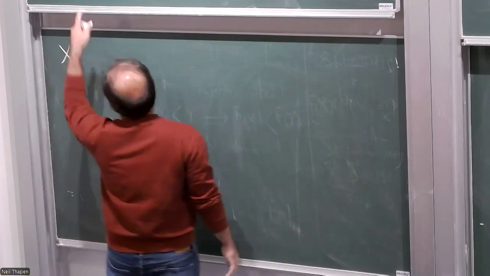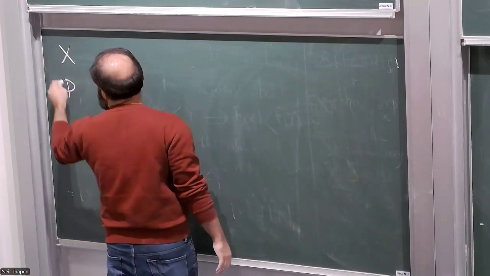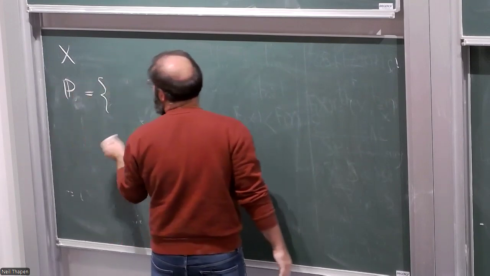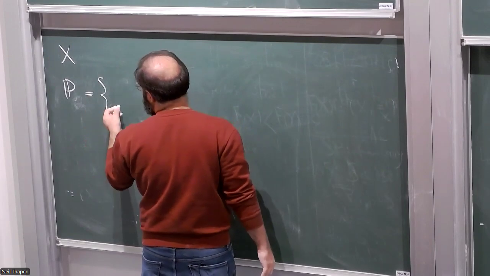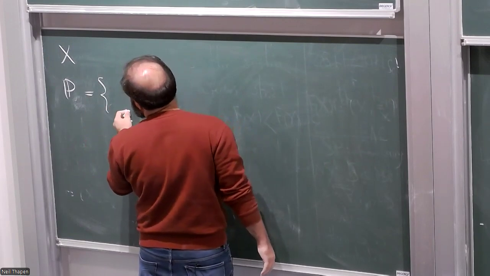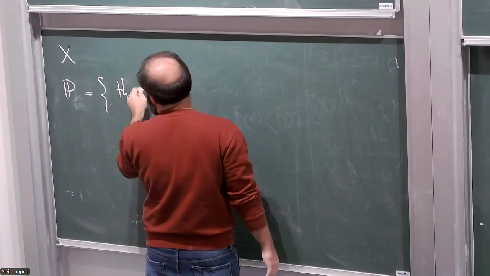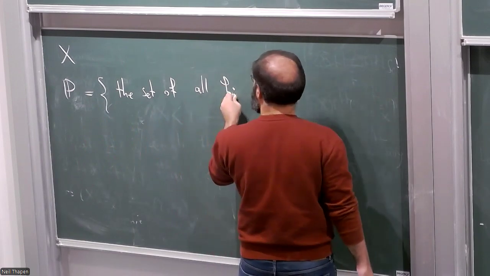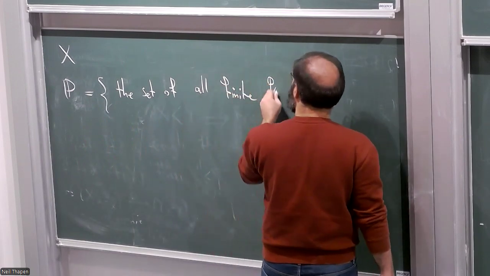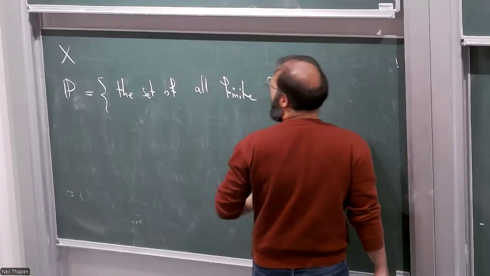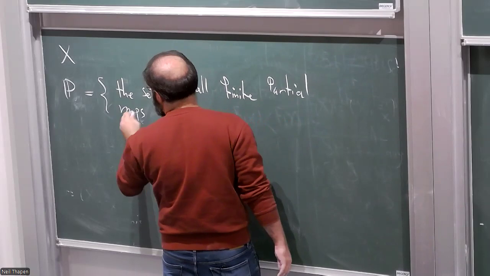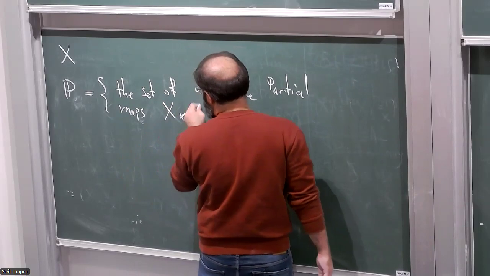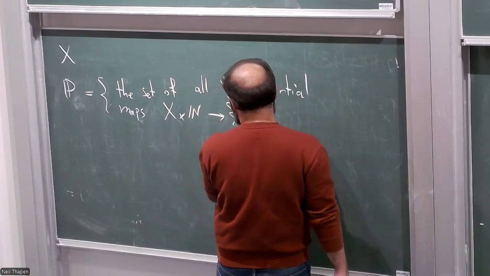Here's the idea. You have your big X. You define your P as the set. These are the things that we had before, but I explain again. So that is the set of all finite partial maps, of course partial because they are finite, as you can see now, like from x times n to 2.